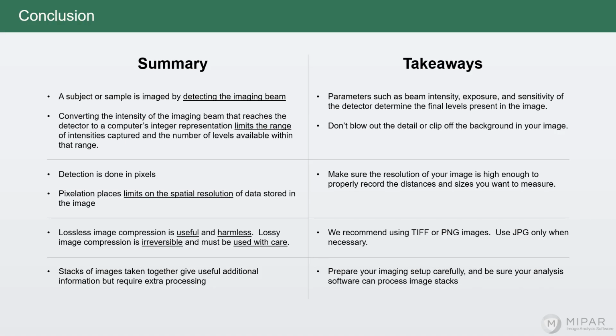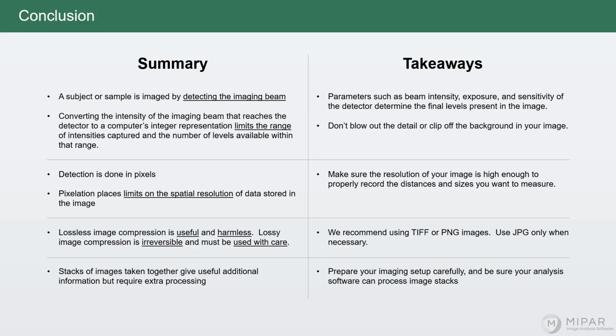We've also talked about spatial information, how detection is done in pixels, and as a result, there's a limit on the resolution of spatial information in your image. Make sure that you have enough resolution to measure what you want to measure to the accuracy that you need. We've talked about image compression.